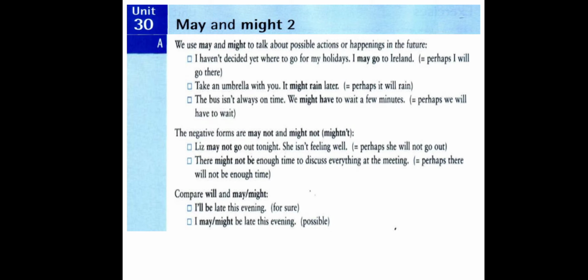Third example, the bus isn't always on time. We might have to wait a few minutes. That means perhaps we will have to wait. We might have to wait means a possibility in the future.